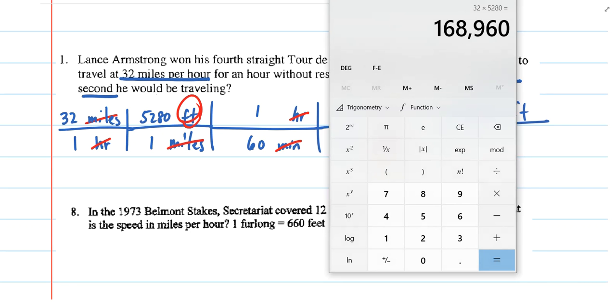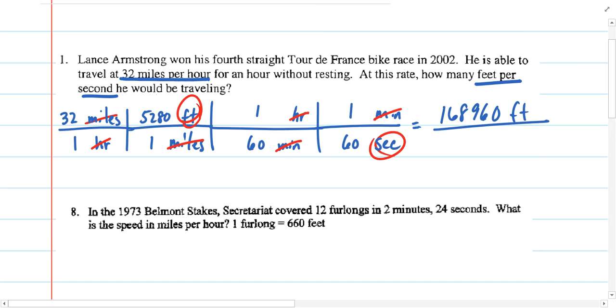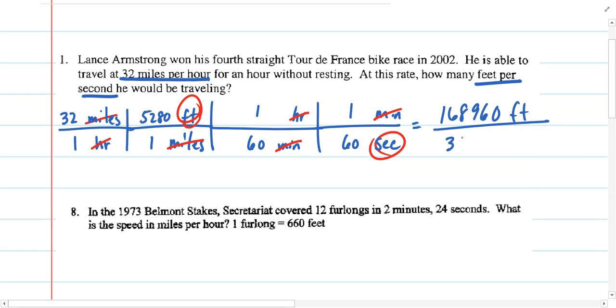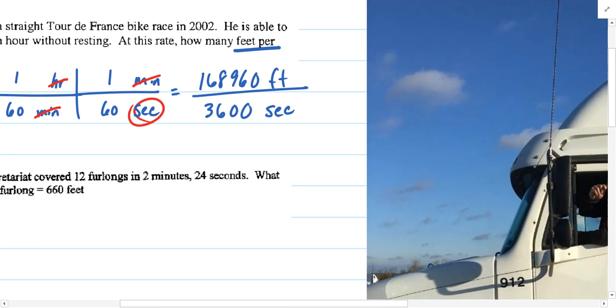And across the bottom, we'll multiply 1 times 60 times 60. So 1 times 1, of course, is 1. Times 60 gives us 3,600. And across the bottom, we have a unit this time. So I'm going to go ahead and list seconds across the bottom here.